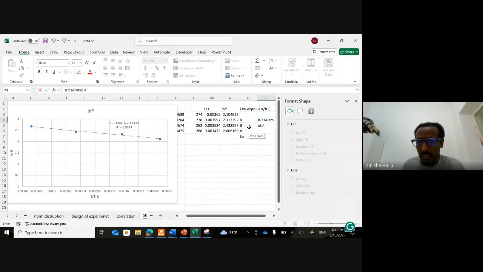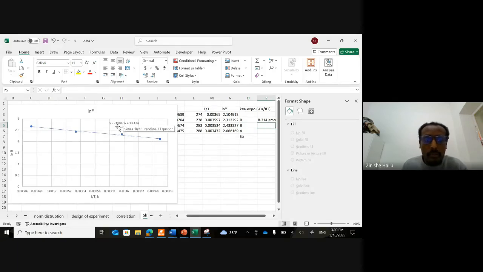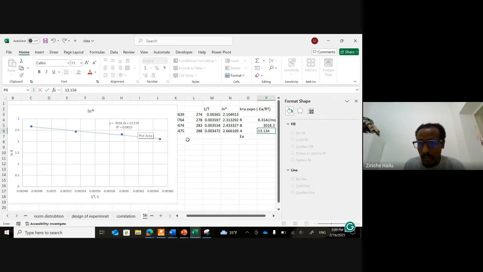This is the unit. So B we get from this slope. This slope value is minus 180.3, and A is the intercept value, this 30.134. So activation energy is calculated by B times R. B this times R.